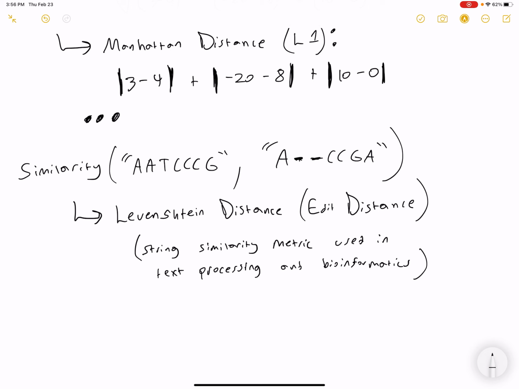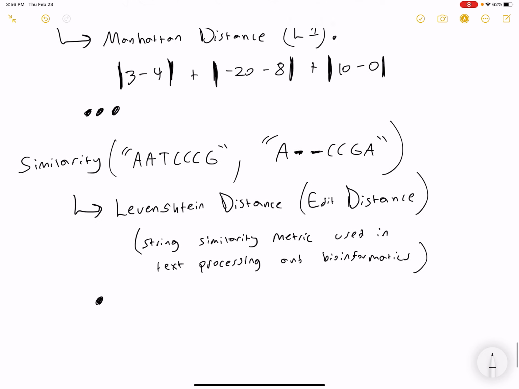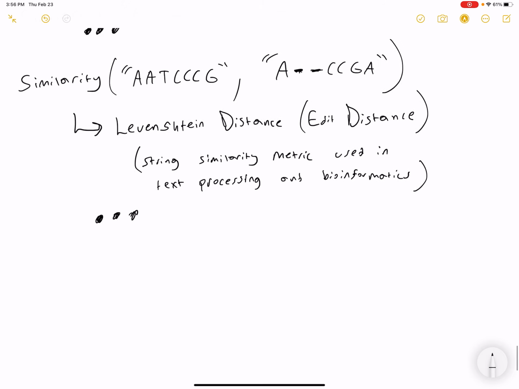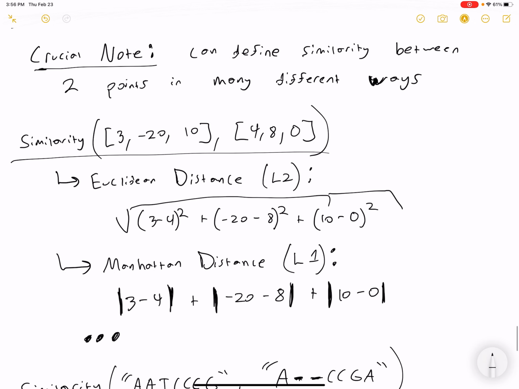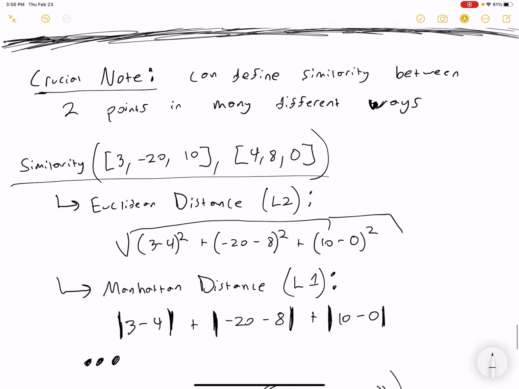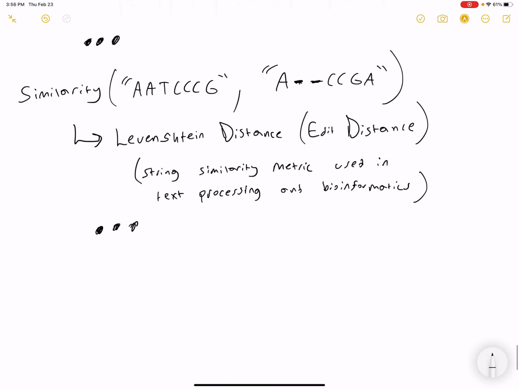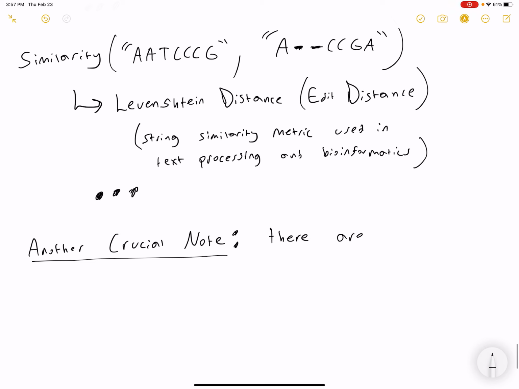I'm not expecting you to know these. The point is just that there's many different definitions of similarity. And on a similar note, and perhaps an even more important note, another crucial note that's just as crucial for machine learning, and which you probably already know, but it's good to be explicit about: there are many and perhaps infinite ways to represent data.